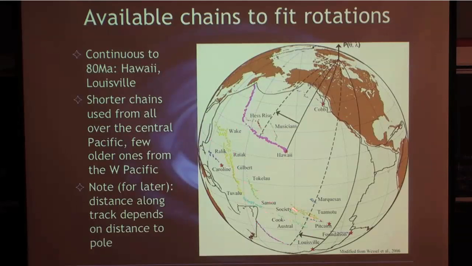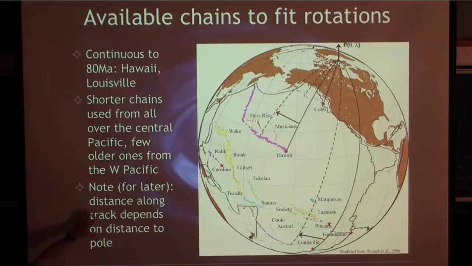And then there's a whole bunch of shorter chains that contribute to the shorter time frames. Most of these are about 20 to 30 million years, roughly. And then there are some older ones back in the Western Pacific as well. That's your data set.